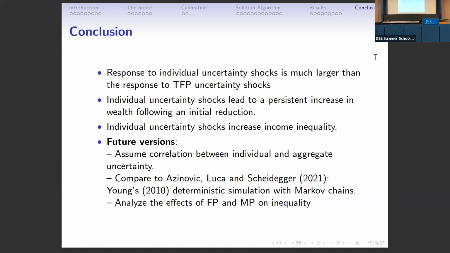Another question: how should we understand this opposite effect of aggregate uncertainty and individual uncertainty on the aggregate variables? This is a preliminary result, and this is a quantitative result. Chris Norbert, who is my student at DSE, is very talented at giving intuition about anything, so you can really find a nice intuition why one variable goes up and one variable goes down.